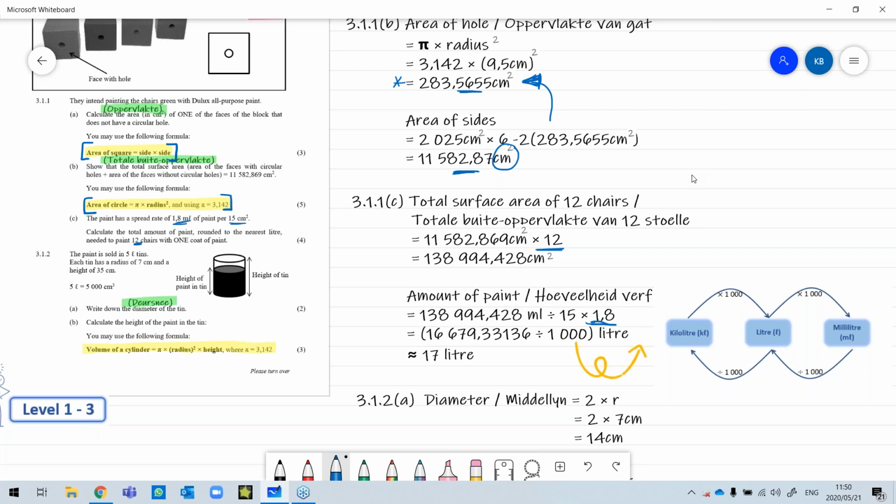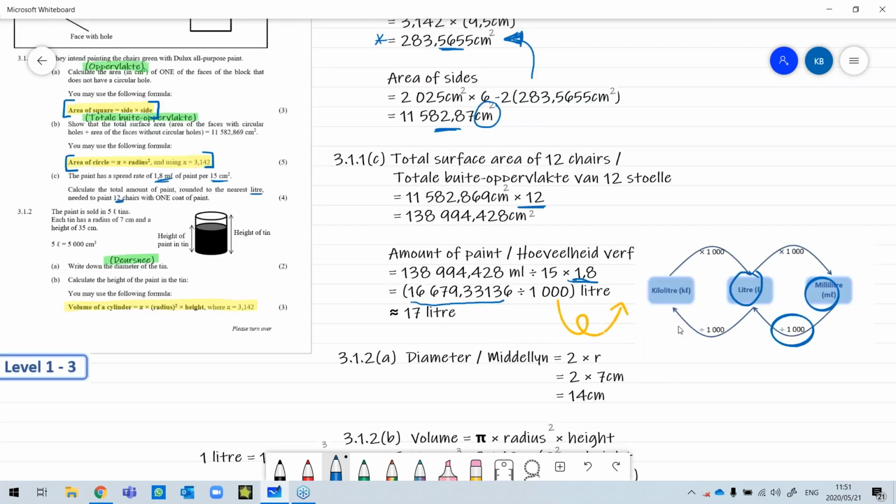Now the question asks you to round your answer off to the nearest liter. So we are going to take our answer and convert, ons gaan omskakel, from milliliters to liters. And that means we need to divide our final answer by 1,000, which rounded off gives you a final answer of 17 liters. So that is the amount of liters that it is going to take to cover 12 chairs with one coat of paint.